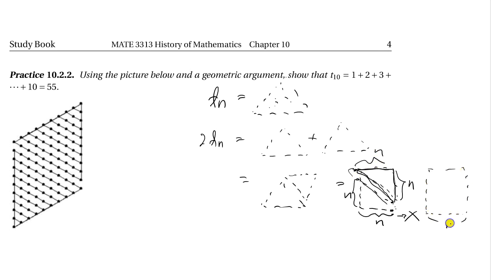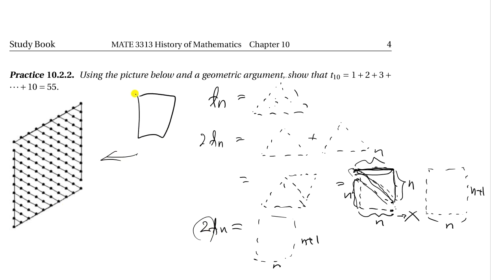The base has n dots and the height is n plus one more line, so it's n plus 1. So 2 times Tn is actually n times n plus 1 dots there. So we have to divide by 2 on both sides to get it. As you can see here, you can explain that. So please give me that explanation here.